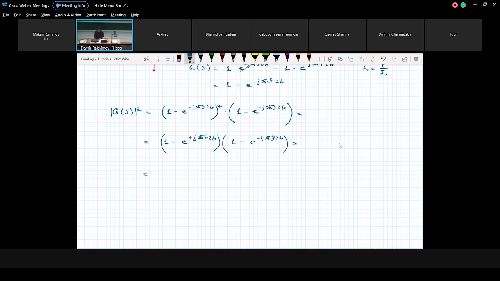We move outside the first parenthesis exponential j pi f t0, and from the second parenthesis we move outside exponential minus j pi f t0. Actually, we should move the plus sign, because then we get exponentials. Inside we have exponential j pi f t0 minus exponential minus j pi f t0. From the second parenthesis, we move outside exponential minus j pi f t0, and inside we have exponential j 2 pi f t0 minus exponential minus j pi f t0.